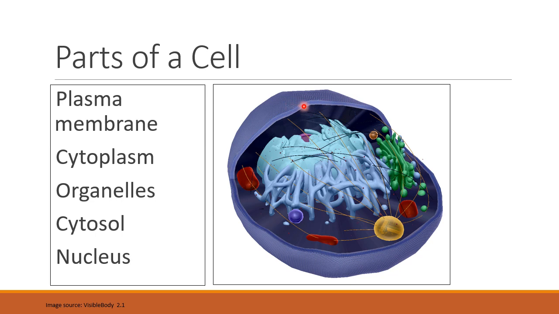You have the cytoplasm, which is kind of this little substance inside of the cell that everything is floating in. You have organelles, which are these various structures here. We'll go over some of those organelles over the next few minutes. Cytosol, which is the content of the cell here. And then you have the nucleus, which is kind of hidden behind this structure over here.